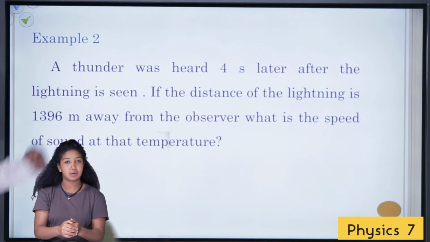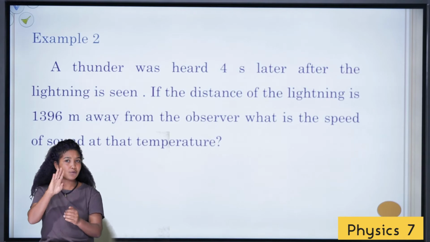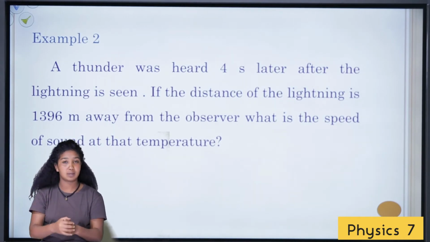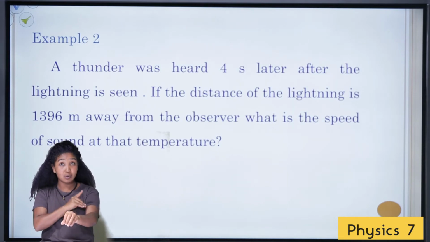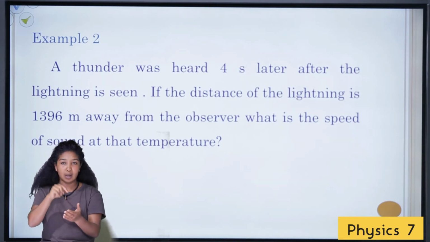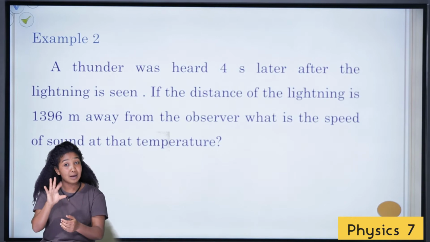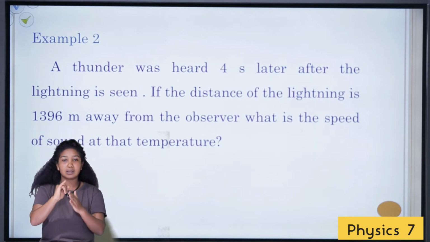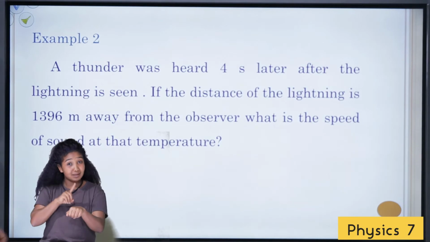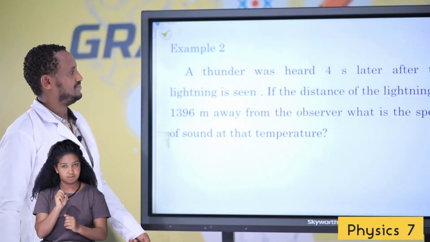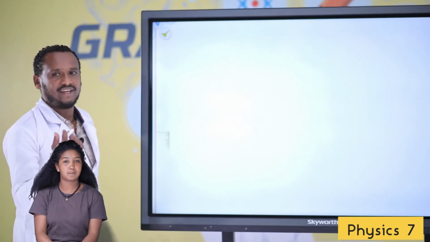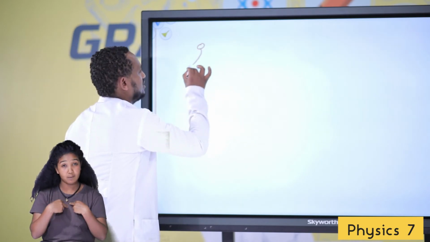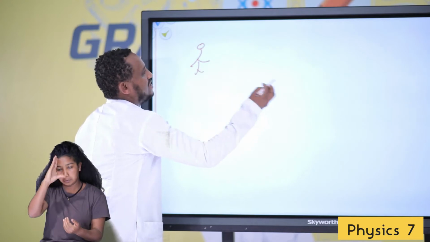A thunder was heard 4 seconds after the lightning is seen. If the distance of the lightning is 1,396 meters from the observer, what is the speed of sound at that temperature? Okay. Look, here we have one observer, a human being.